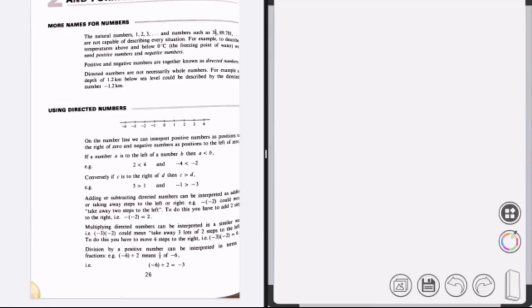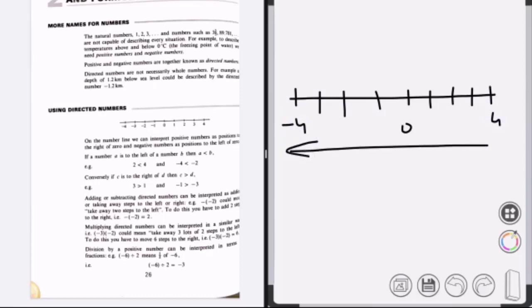On the number line, 0, 1, 2, 3, 4, -1, -2, -3, -4. All the values on this side are lesser than 4, and all the values on this side are greater than -4. So -2 is greater than -4, and -1 is also greater than -4.